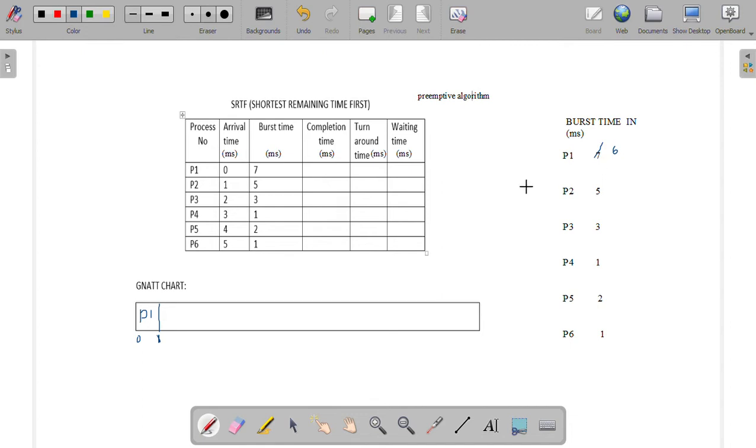Now we have to look at which processes have come at 1 millisecond. At 1 millisecond, processes P1 and P2 have come. Among P1 and P2, which has the least burst time?